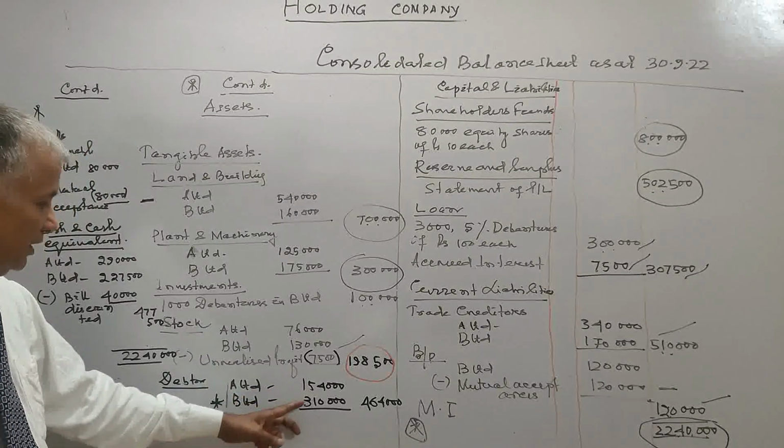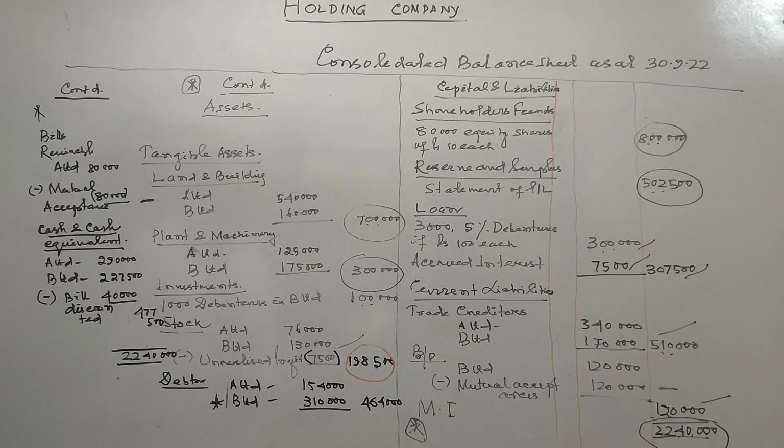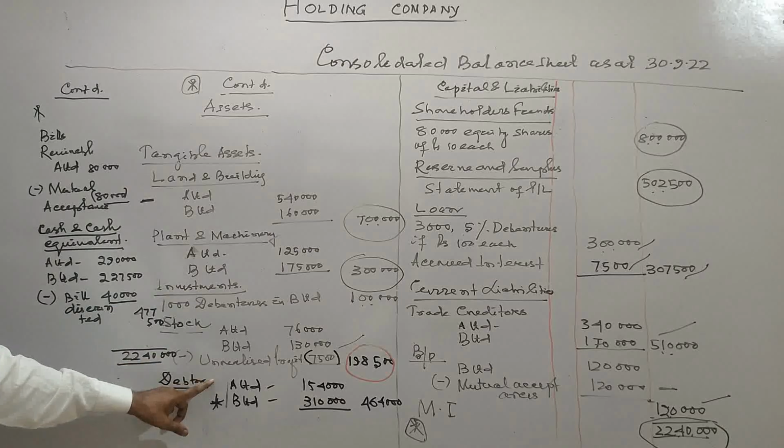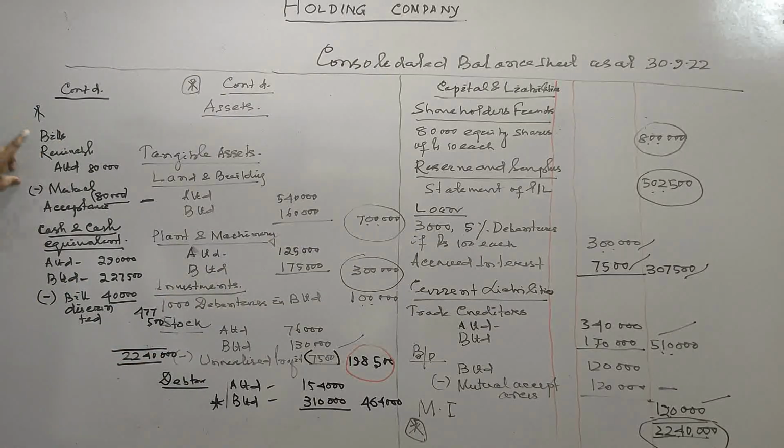Debtors of A Limited and B Limited, 4,64,000. After debtors, bills receivable 80,000, mutual acceptance 80,000, so nil. Cash and cash equivalents of A Limited and B Limited: the bill discounted, 40,000, is included in the cash of A Limited, so we deduct 40,000 here, and it comes to 4,77,500.